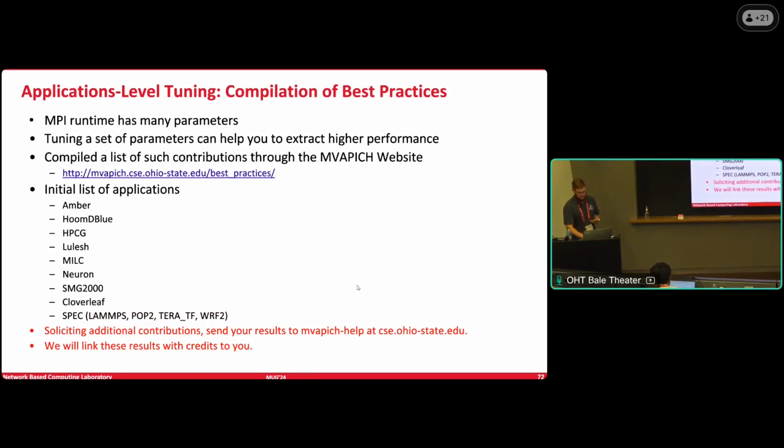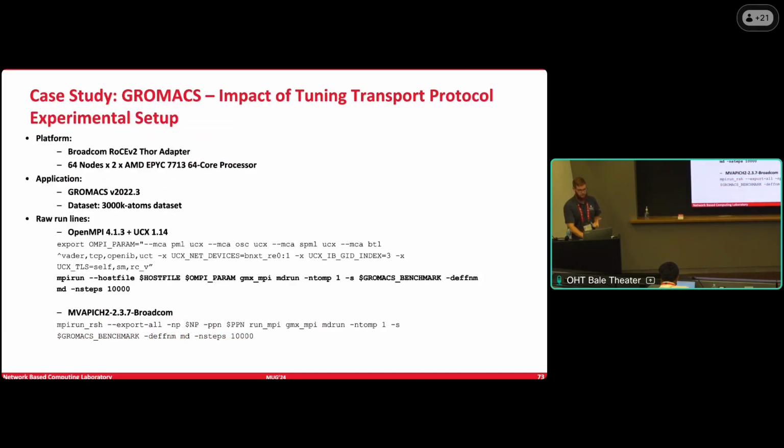All right, so this is just a couple of quick case studies on our application level tuning and how we've been able to use some of these levers to extract the best performance from various applications. So the first one we're going to look at is the GROMACS application.